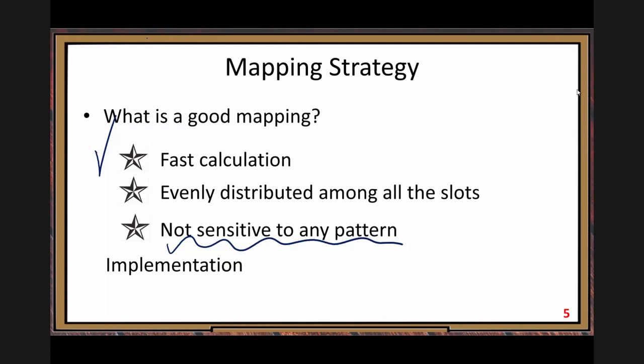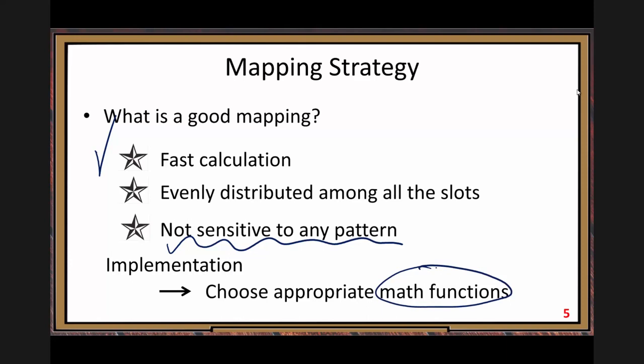Now let's look at a few implementation methods. Choose appropriate math functions. For the mapping strategy, basically, you just choose some math functions. That's all you need, because you have the keys. If you have some math functions, you can plug in those keys, because the functions will return some values.